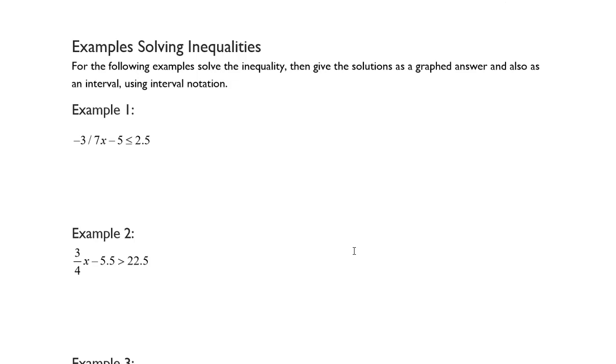Let's get started. Example 1 has negative 3/7 x minus 5 less than or equal to 2.5. Notice that we have fractions, whole numbers, and decimals mixed together. So I'm going to go ahead and rewrite this in all fraction form.